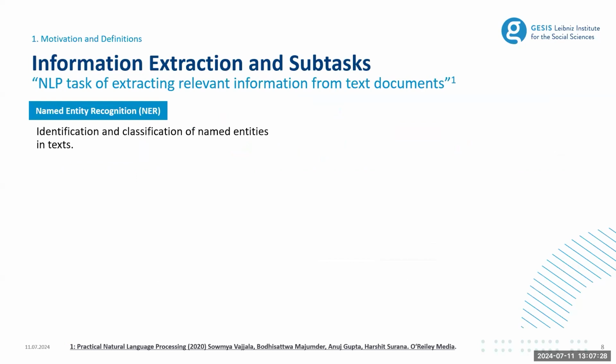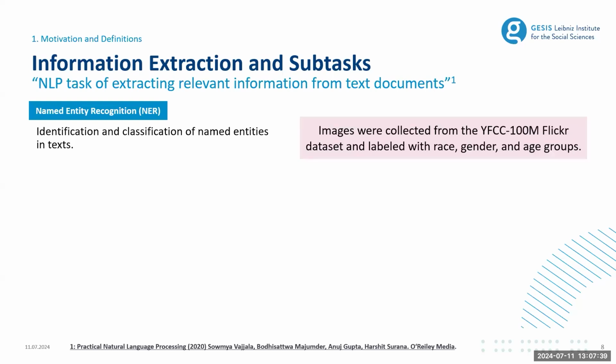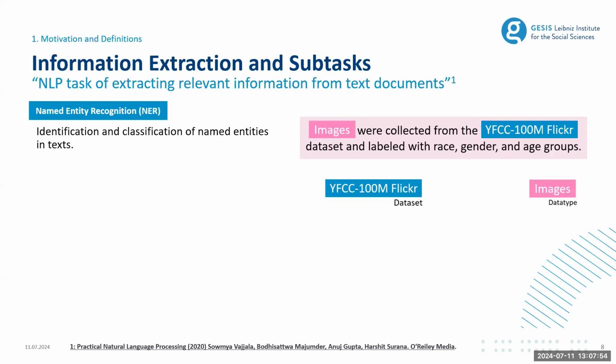The state-of-the-art pipeline integrates named entity recognition, which is the identification and classification of named entities in text. So given a sentence from a research publication, we identify relevant information for our information need, and we classify the type of information.